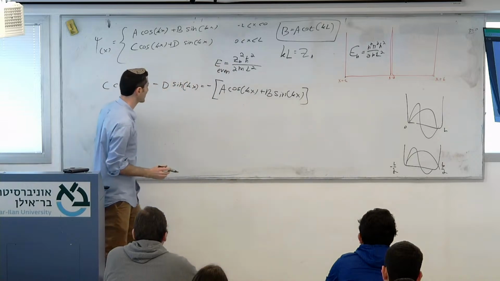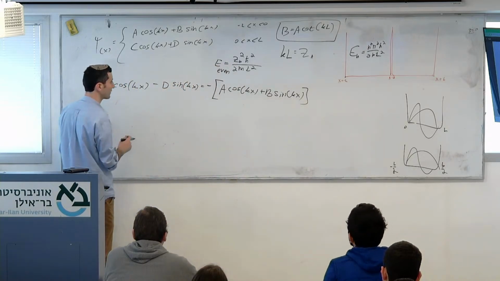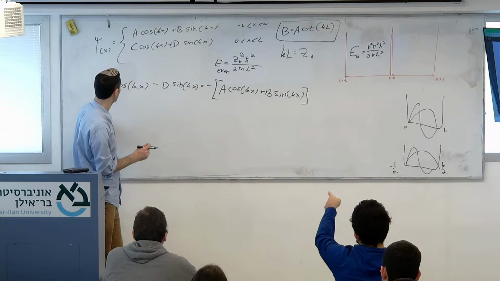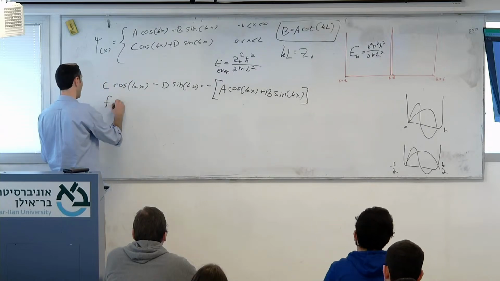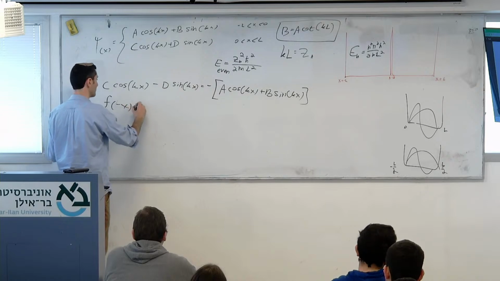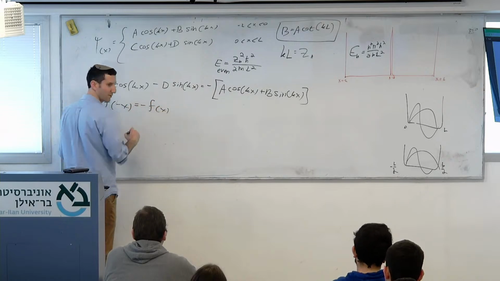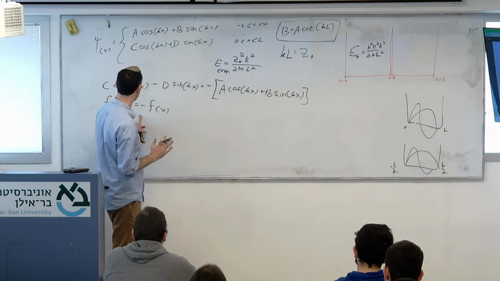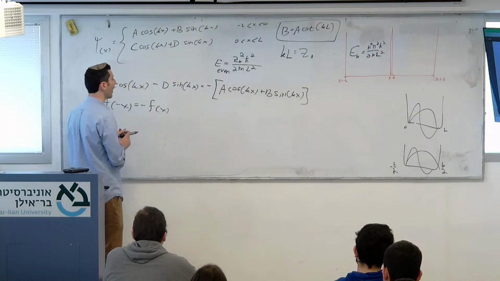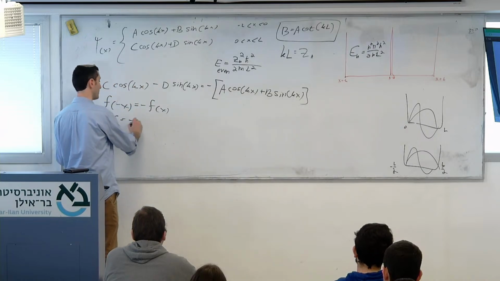Therefore, I'm going to get that C is minus A. Why minus? Because now I'm looking for the odd solutions. Ah, okay. f of minus x must be minus f of x. Am I doing it correctly? Yeah. Okay. So C must be minus A and D is B.